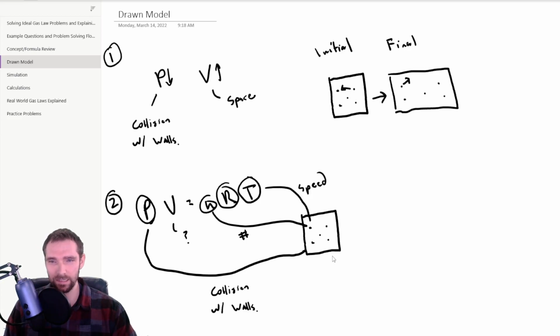It's kind of like, let's figure out what the pressure is at a certain temperature and moles. If you double up the moles, it should double up that pressure, right? Same sort of thing. All this stuff is related. So we should be able to figure out how much space this is taking up if we know the amount of stuff, its speed, and the number of collisions that are going on there.